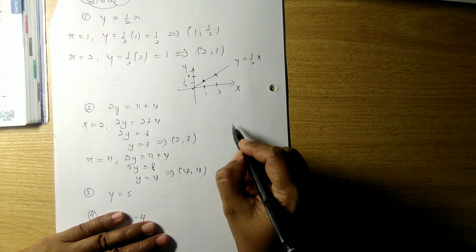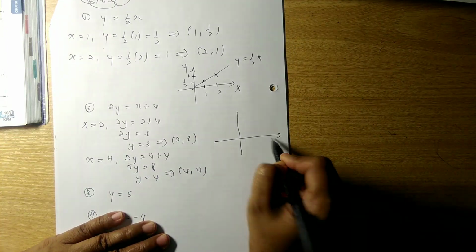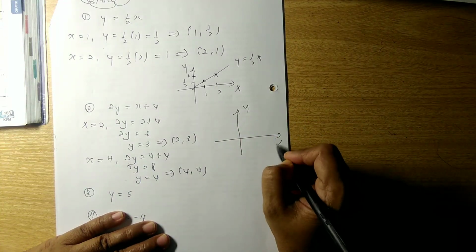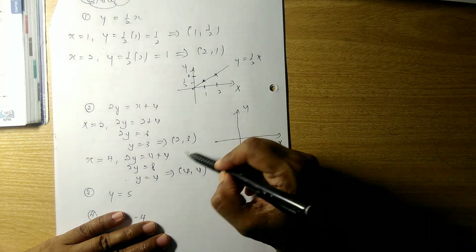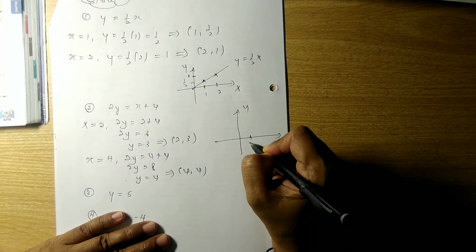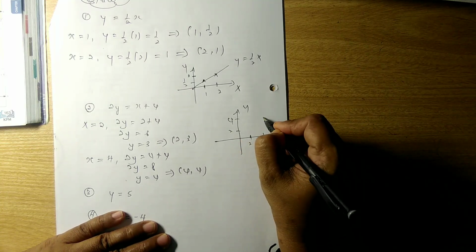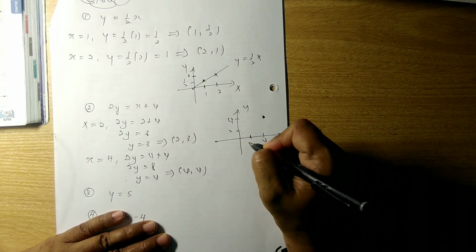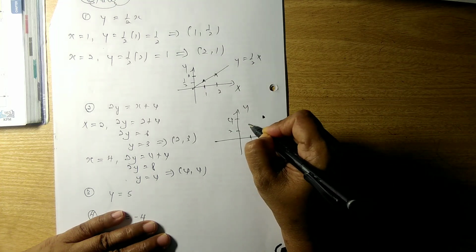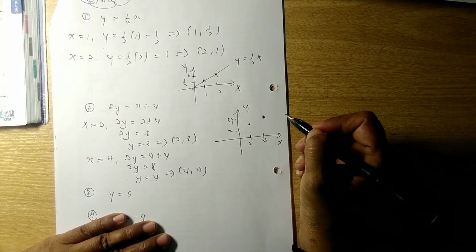Okay, so if you were to do a simple scale, 4, 4 and 2, 3. One coordinate is here, the other one is 2, 3.